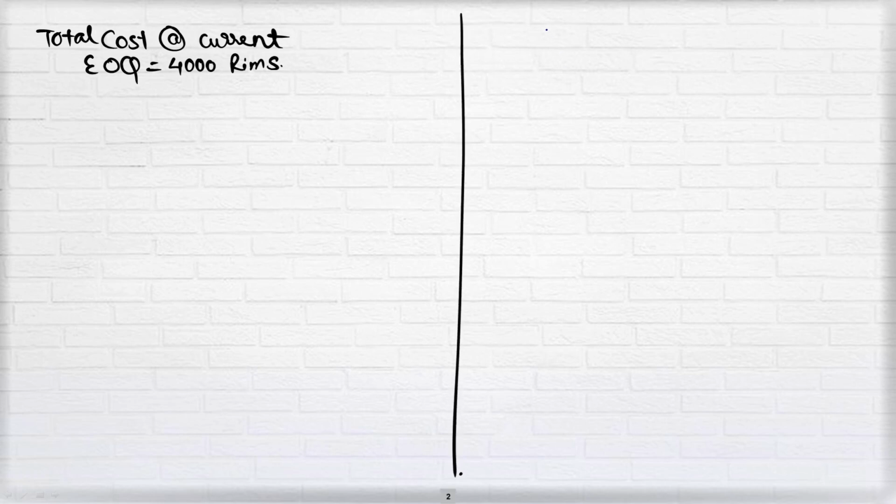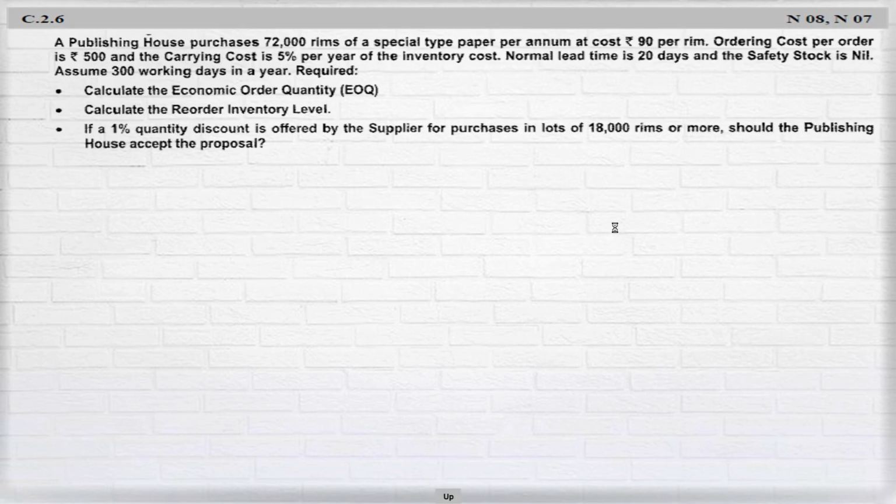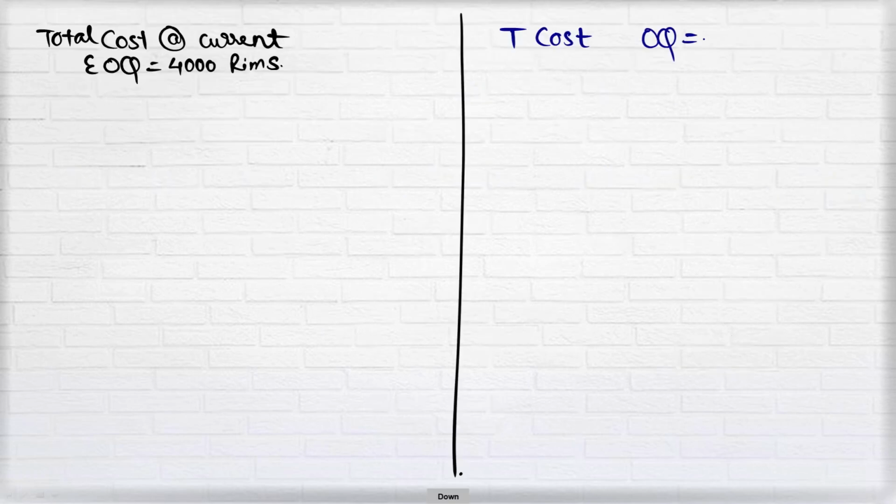Then I will find out the total cost if my ordering quantity is 18,000 rims, because I am getting discount. Alright, it might be less.